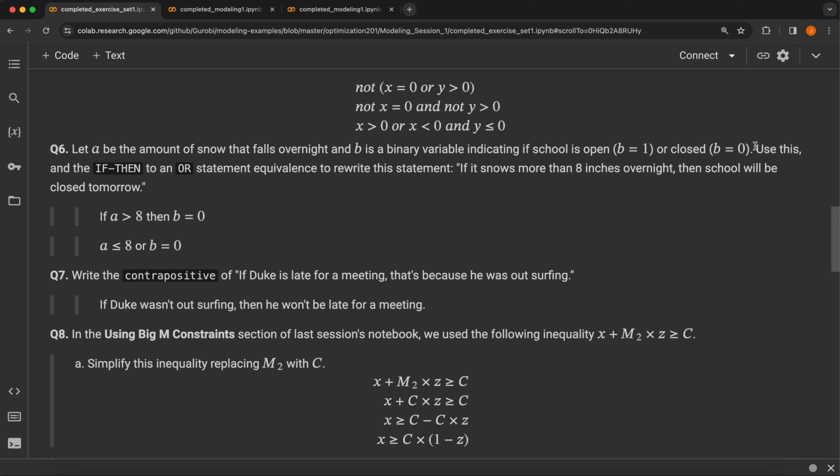Now, to translate a conditional statement into an or statement, you negate the first clause, the if part, copy down the then part, and put an or in between. Negating A greater than 8 gives A less than or equal to 8, and B is equal to 0 stays the same, with an or in between. So A is less than or equal to 8, or B is equal to 0.